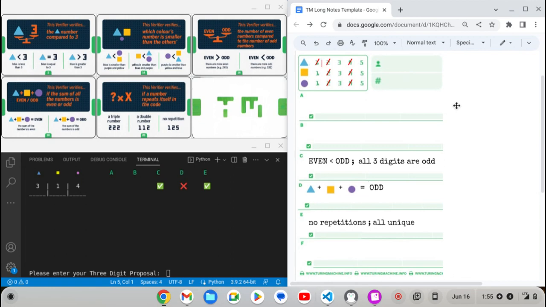Is there any other sort of deduction or Turing Machine gameplay that'll help us deduce a little bit more? Well, again, square and circle, that's going to be 50-50. So is there a benefit for triangle to be 3 or 5? I don't think so. I think really it is 50-50.